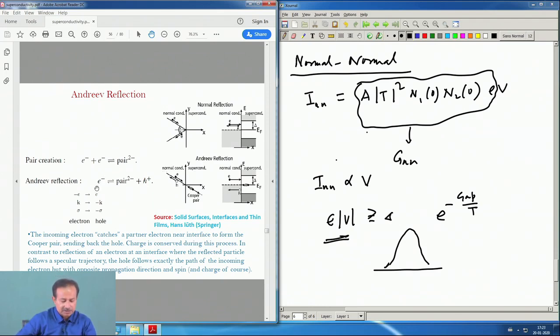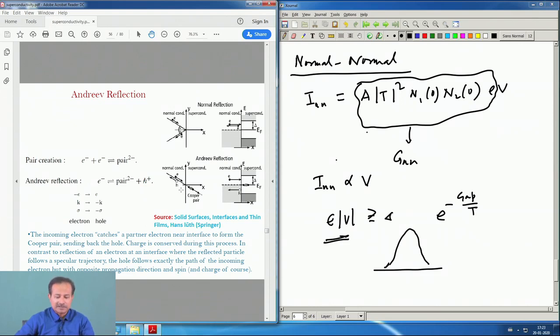So the charge is balanced. Look at this: electron plus electron is a pair. You can think of it as an electron equal to a pair plus a hole. So an electron comes, becomes part of a pair, and sends back a hole. Then everything is satisfied.